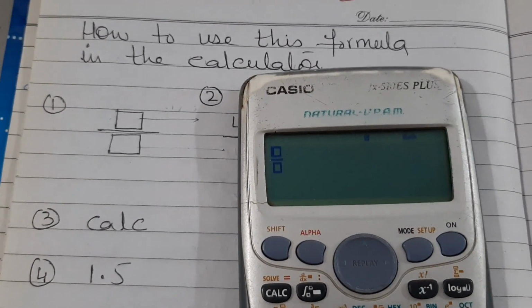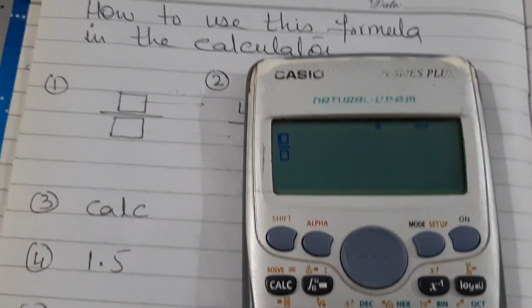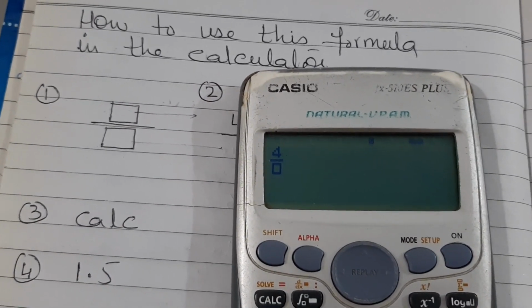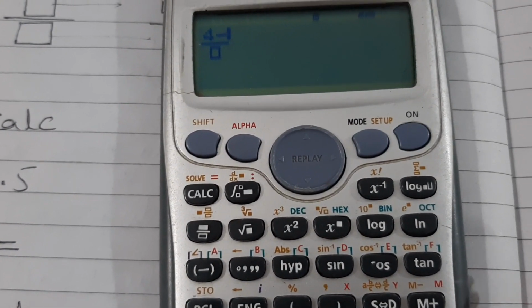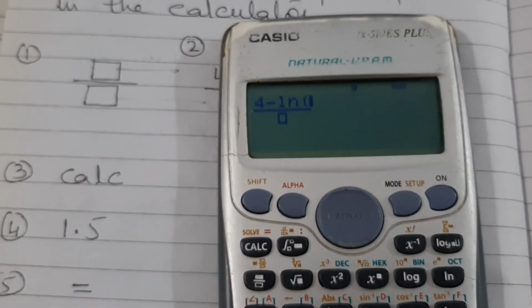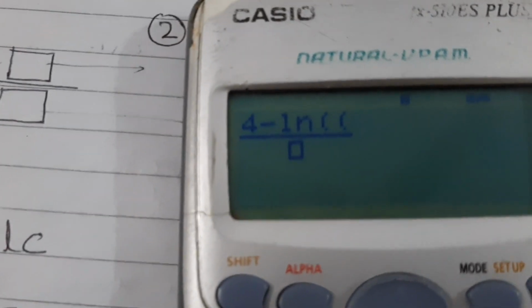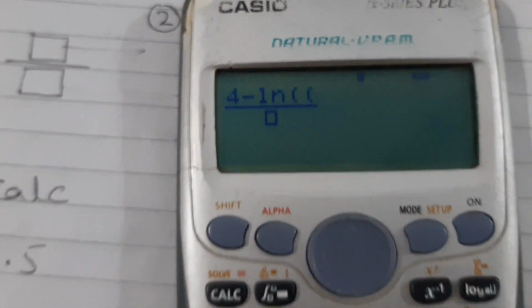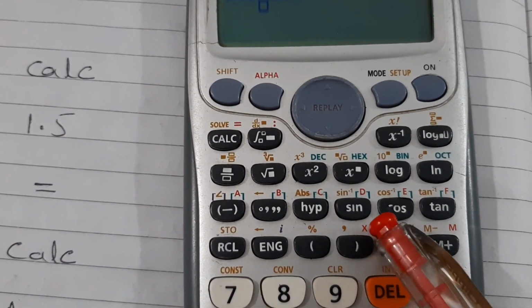So I will type 4, minus, ln is here, yes, 4 minus ln, and then the bracket is here. Let me check, it is right. Yes, 4 minus ln. Now where is x? If you see on the top of this there is x.